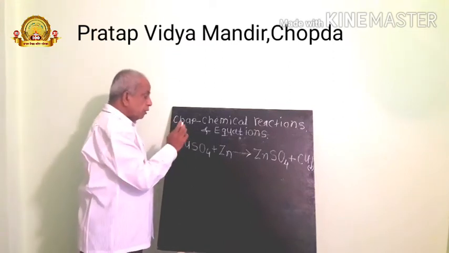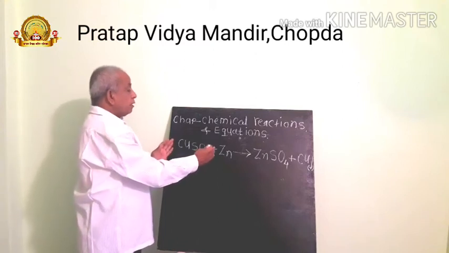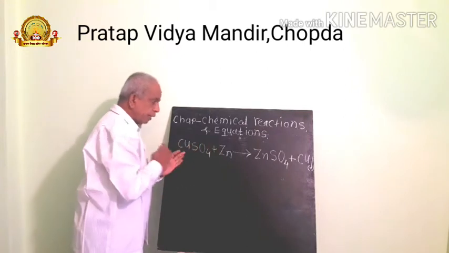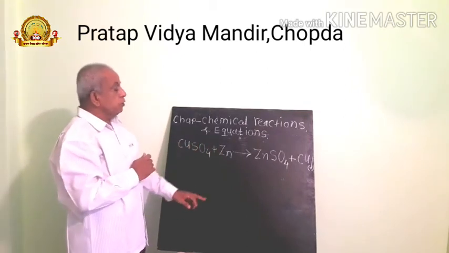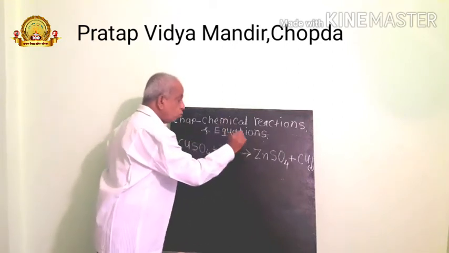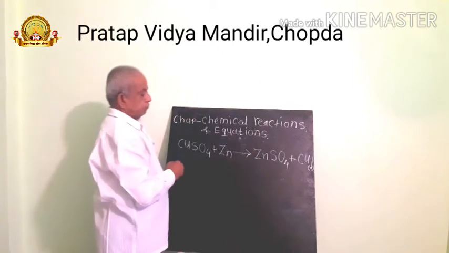In a chemical equation, reactants are at the left hand side, whereas products are at the right hand side. There is an arrow from the reactant side to the product side.